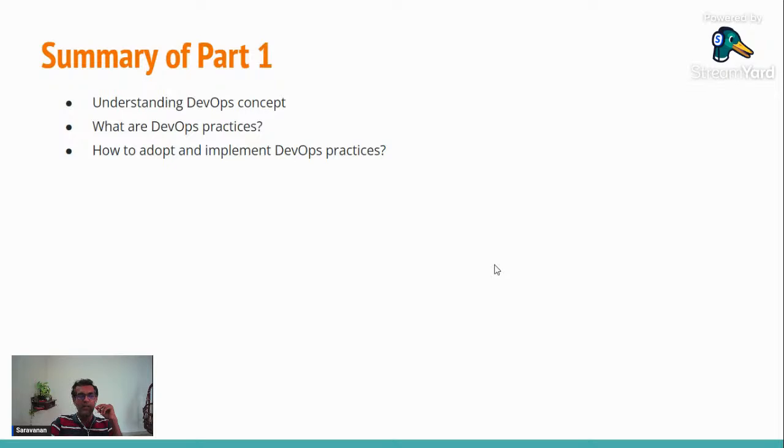And in DevOps practices, there are various aspects we covered: agile development teams, CI/CD practices, continuous automation, test automation, security practices, and monitoring and observability. These are all the pillars of DevOps practices.